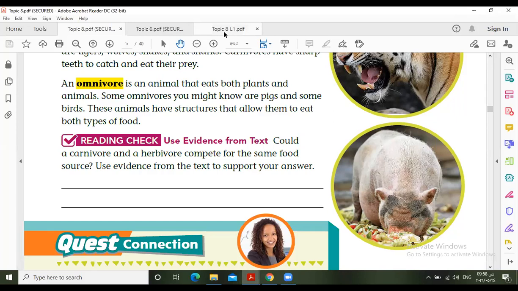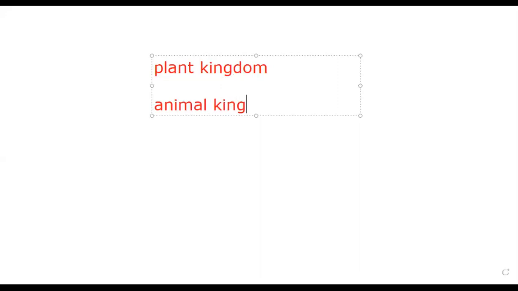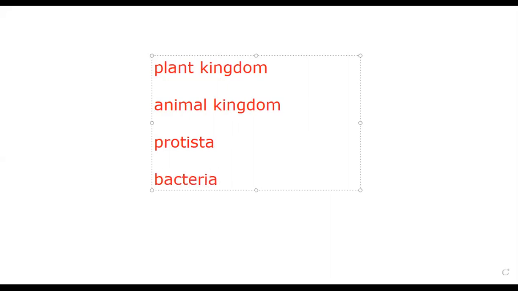For example, in the classification of organisms, there is a plant kingdom and an animal kingdom. Then we have Protista, for example, and a kingdom called bacteria. In this classification there is no human kingdom, so humans are considered in the animal kingdom.